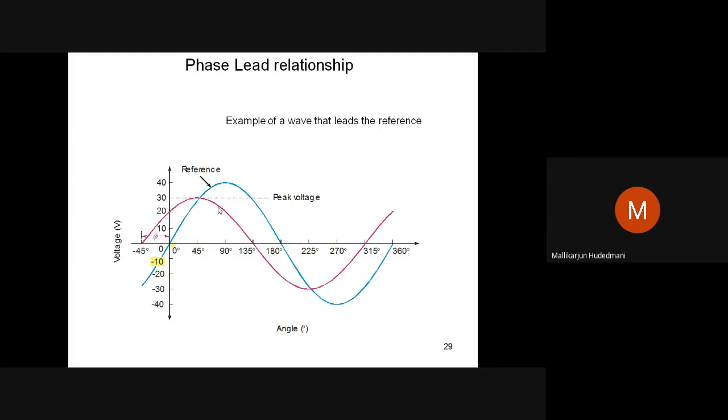Phase lead means that the wave is leading with respect to any other reference. You can see here the reference wave is taking its negative turn beginning at 180 degrees. It starts to enter negative at 180. How is this red wave? At 135 only it started its negative phase. It means this is advanced by an angle of 45 degrees. That is the reason wave number 2 possesses a phase lead relationship with respect to wave number 1.